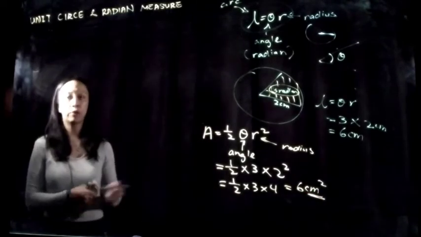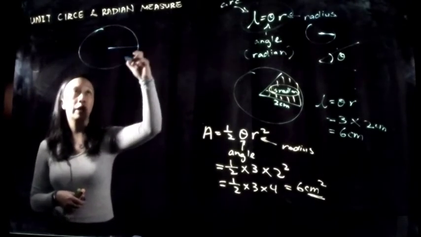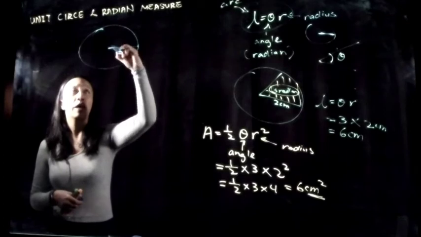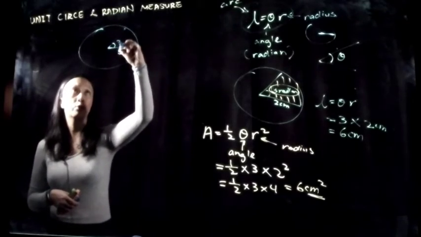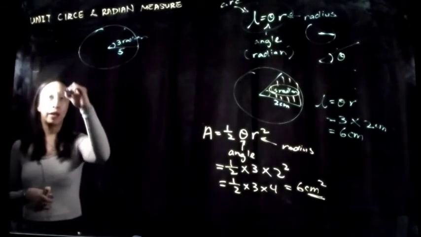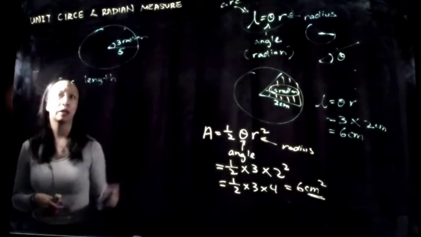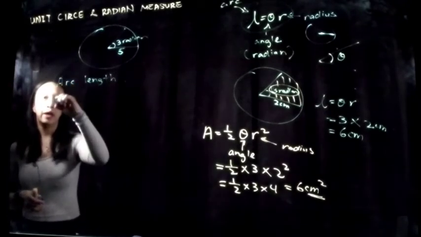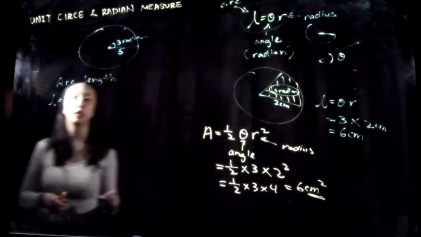So let's say we have a question given a circle with the radius of 5 and an angle of 3 radians. If the question says find the arc length, how do we find the arc length? We know that L equals theta r from the formula that we learned just now.